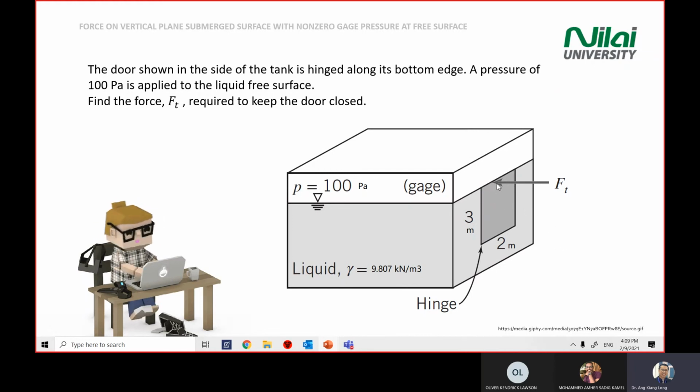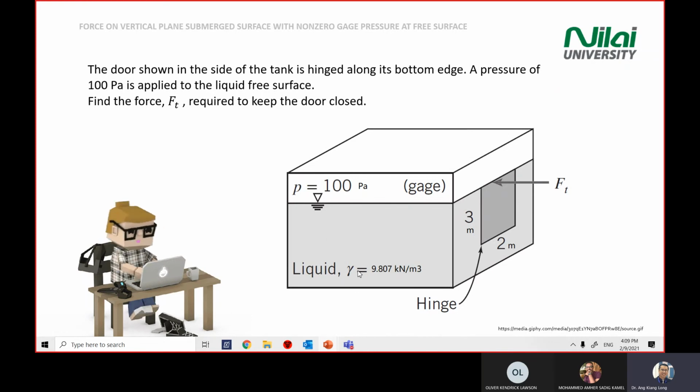So we need to make sure that we have sufficient force to close this door. That's why we have a FT here, to make sure that the door does not open. A pressure of 100 Pascal is applied to the fluid free surface, so there is a pressure acting on the liquid here.